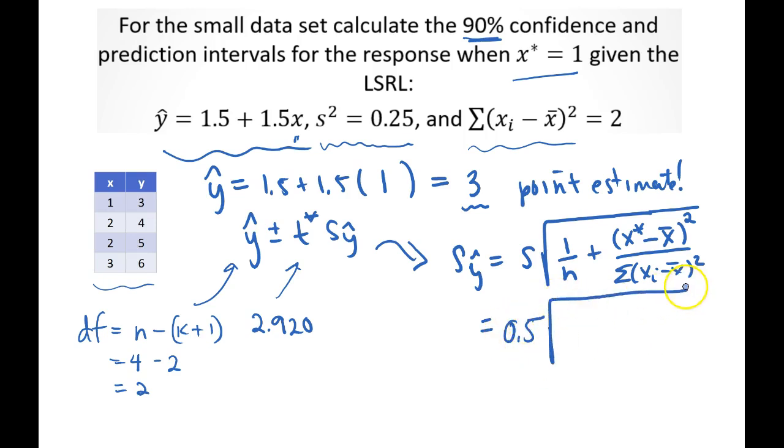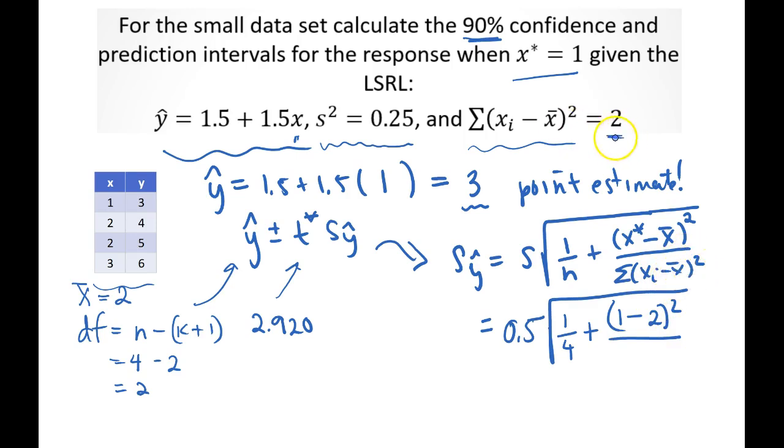And n is equal to 4, the number of observations that we have. So 1 over 4 plus our new value, which is equal to 1, minus the mean of these x's. We can find x bar by adding these up and dividing by the total number of x's, 4, and we get x bar equal to 2. So 1 minus 2 squared, all over the summation of xi minus x bar squared.